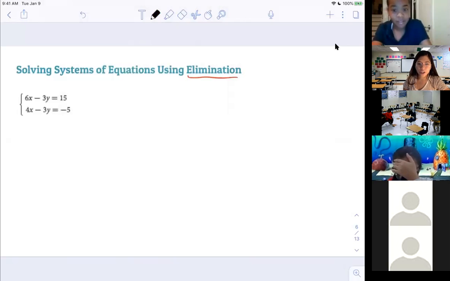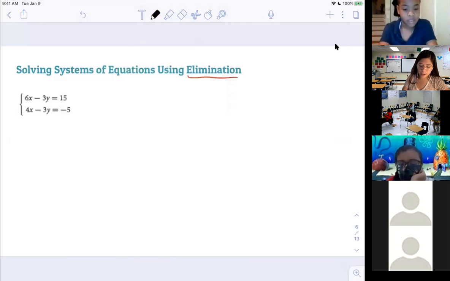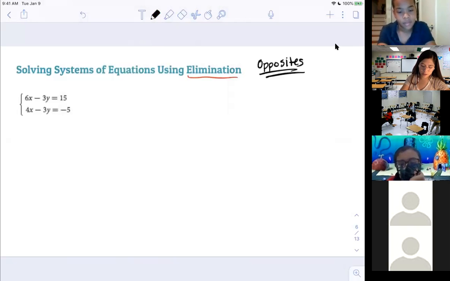So with elimination, the key to elimination is to get opposites. We want to get opposites. So what that means is you need to look at the x values and then look at the y values and think to yourself, can I make one of those pairs opposite to each other?